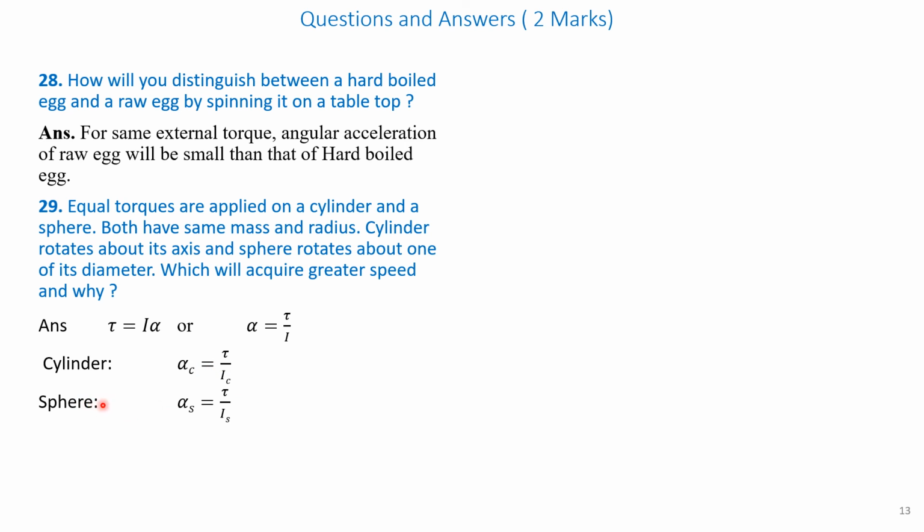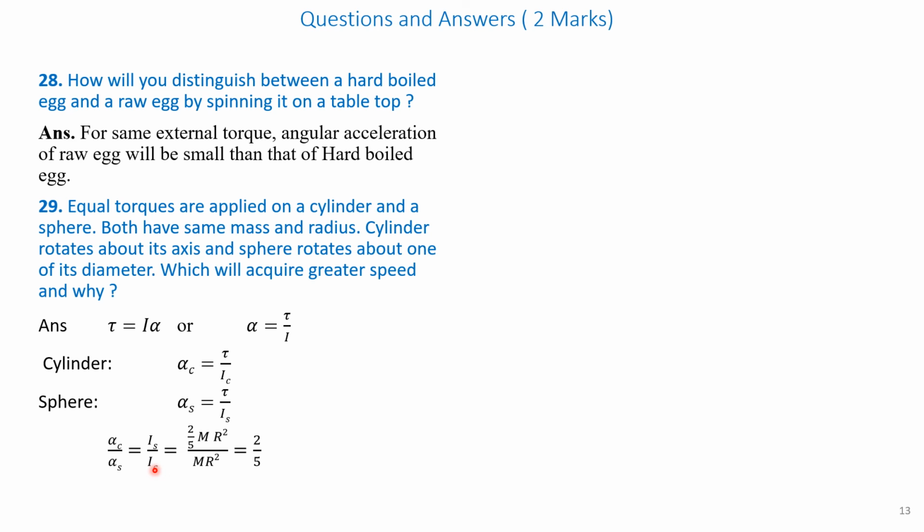Similarly, in the case of the sphere, alpha s is equal to tau by Is. So taking the ratio, alpha c by alpha s is equal to Is by Ic.